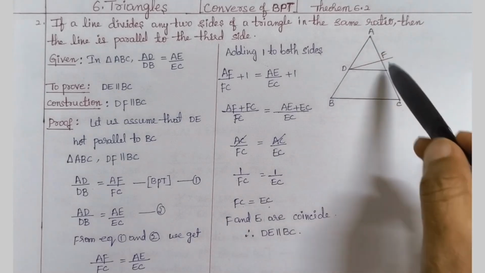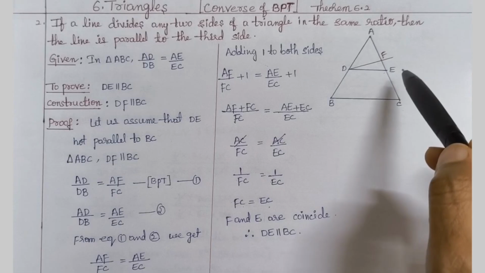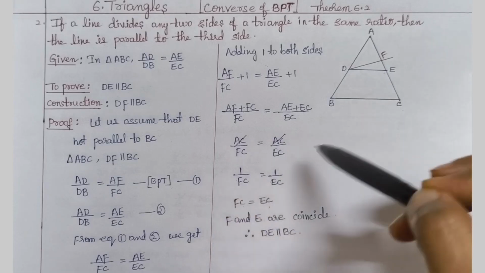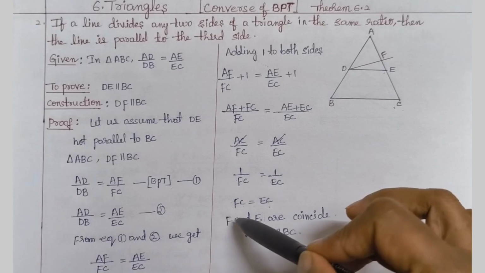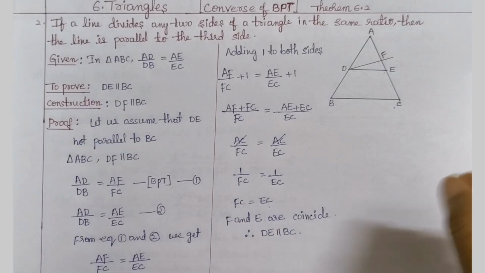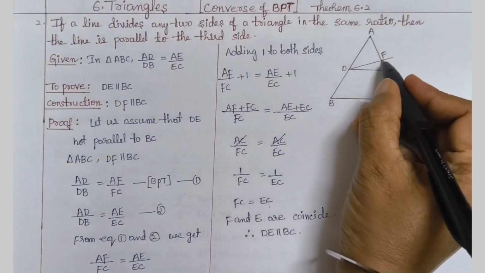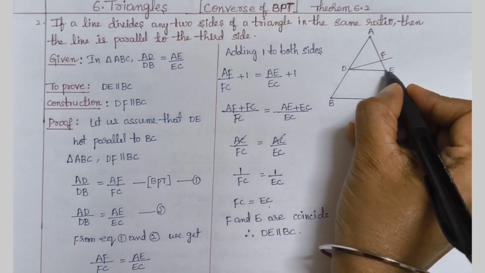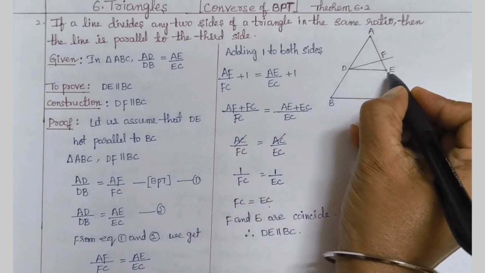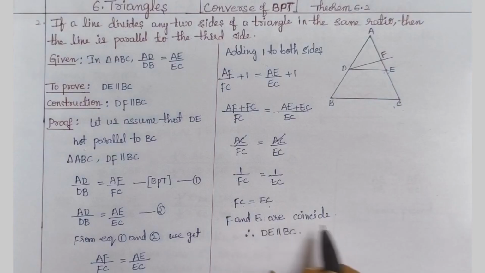So FC is equal to EC, and there is no other chance for two different points. This means F and E are coincident. Coincident means that the F point is at the E place only. F and E at the same place is called coincident.